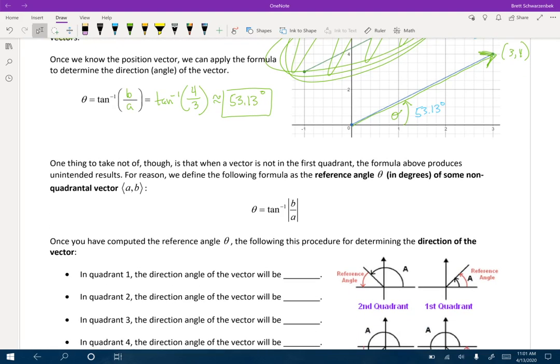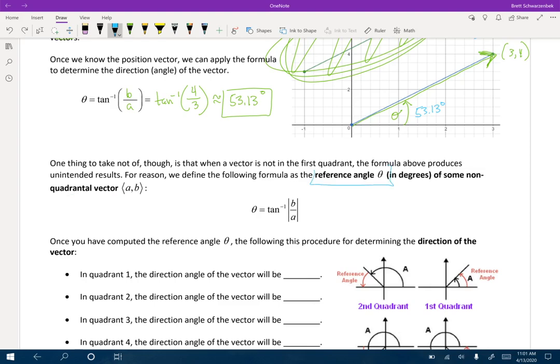So I'm going to read this. It says, one thing to take note of is that when a vector is not in the first quadrant, we get unintended results. For this reason, we define the following formula as the reference angle of some non-quadrantal vector AB. The key word here is reference angle.